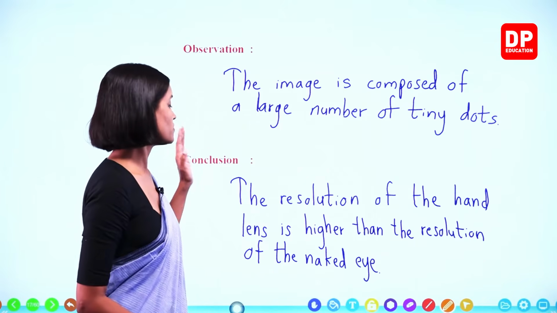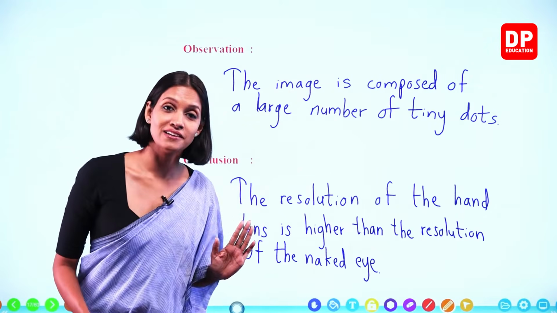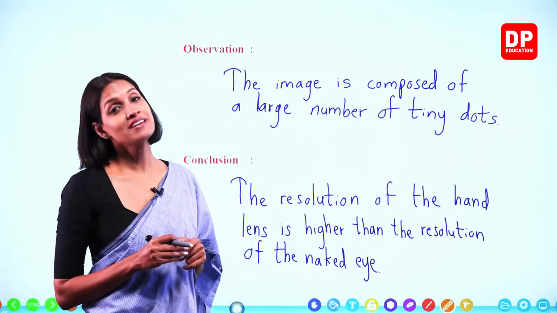The resolution of the hand lens is higher than the resolution of the naked eye. That's why we can see the dots very clearly under the hand lens.